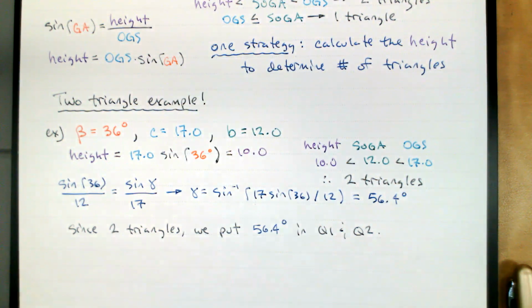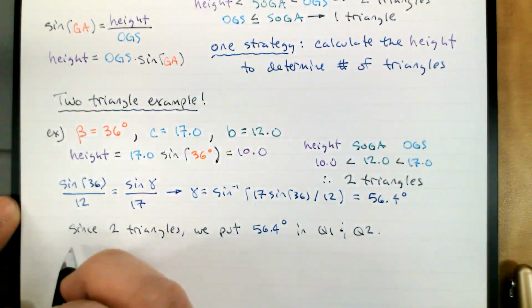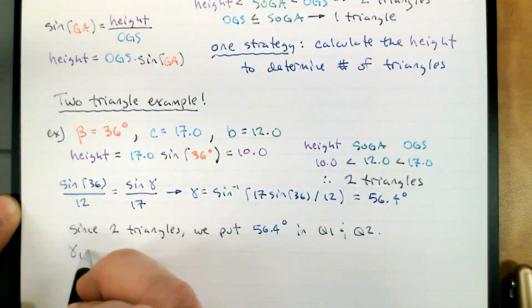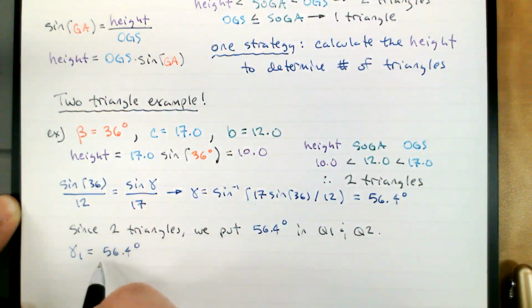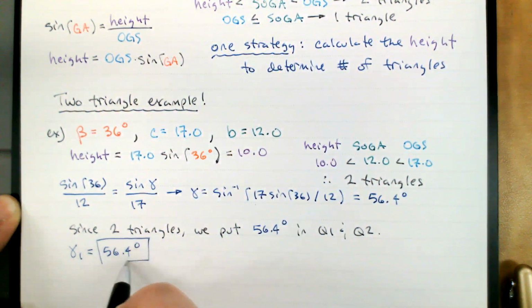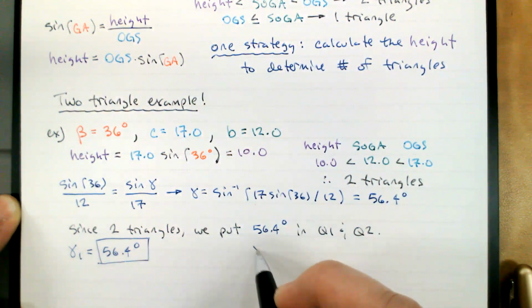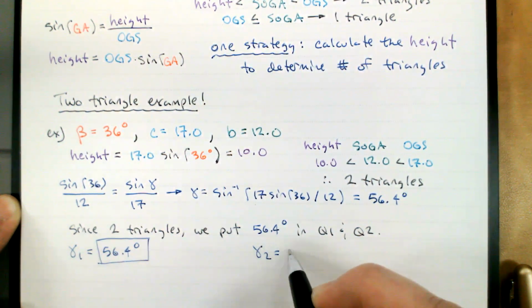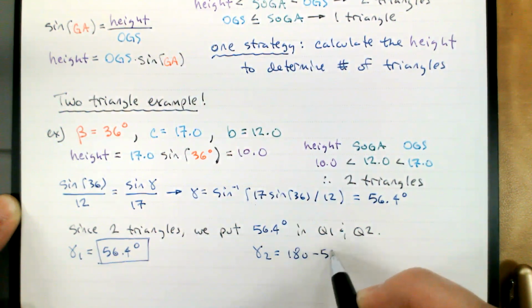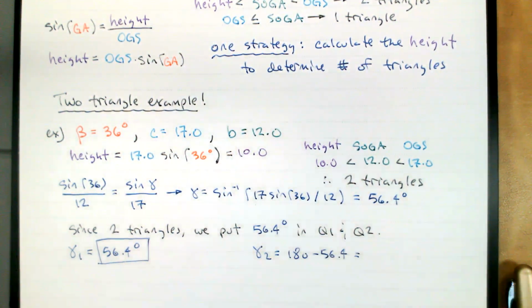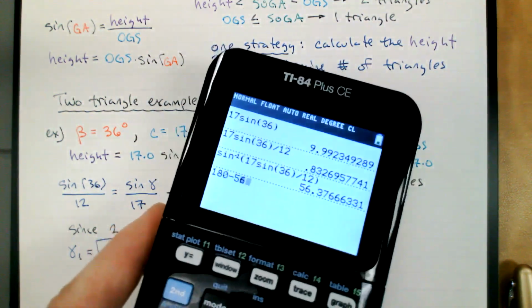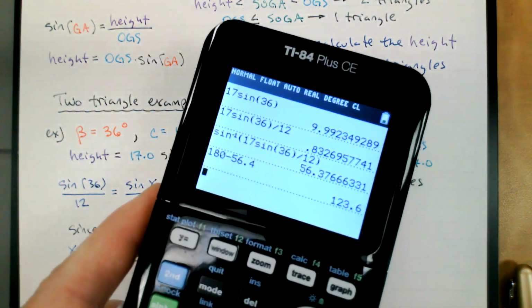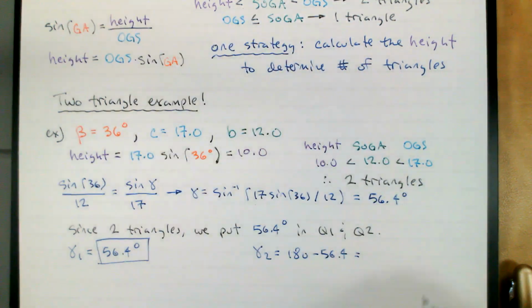So my gamma in quadrant 1 is just going to be 56.4 degrees. My gamma in quadrant 2 is going to be 180 minus 56.4, which is 123.6.